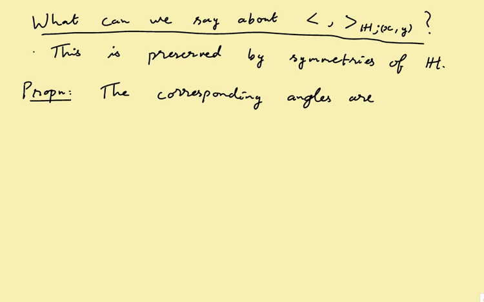Okay, so the first fact here, a proposition, is that the corresponding angles are the Euclidean angles. So the angles coming from the hyperbolic metric are the same as the Euclidean angles. Recall that any inner product gives you angles. Why do we know this?